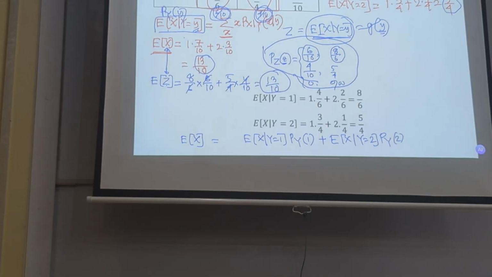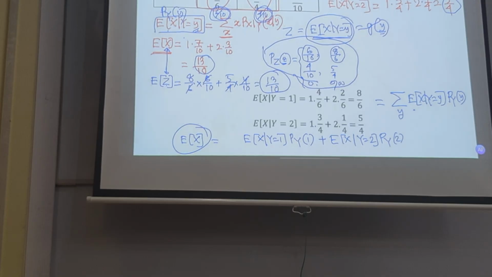Right? We did this one exactly. For all values of Y, the conditional expectation is multiplied with the PMF of Y, and then we get the expected value of X.